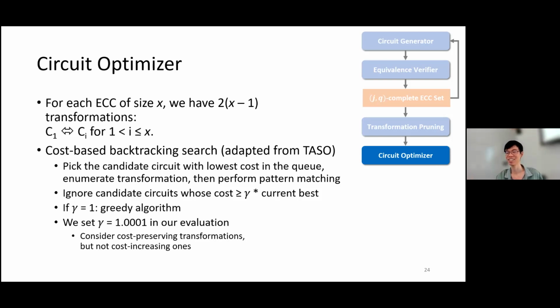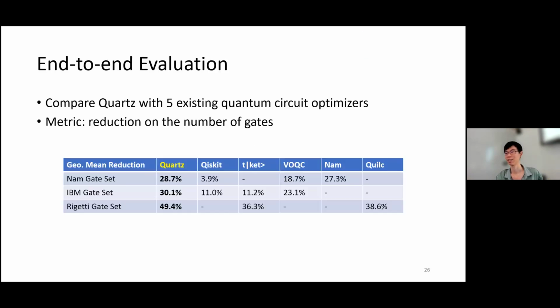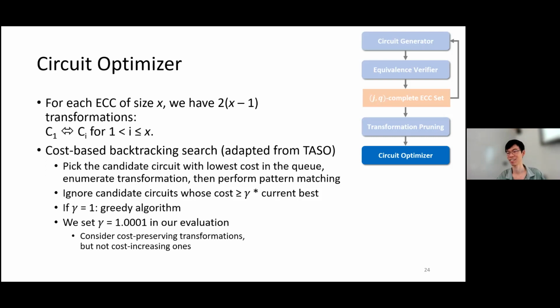Yeah, so for the search algorithm there's a lot of space for improvement. How many gates are you working with? If the number of gates is smaller than 10 to the 4th, then it's the same. Yes, it's smaller than 10 to the 4th. Setting gamma to 1.001 is the same as 1.0001. Yes, exactly.